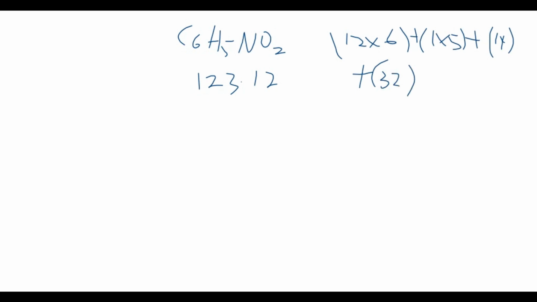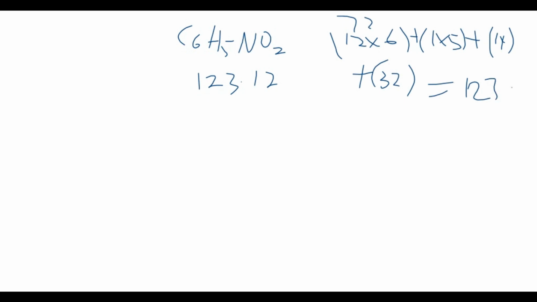So when you add that, 12 times 6 is 72. So you have 72 plus 5 plus 14 plus 32. So yes, that gives you 123. So they are right. Okay.